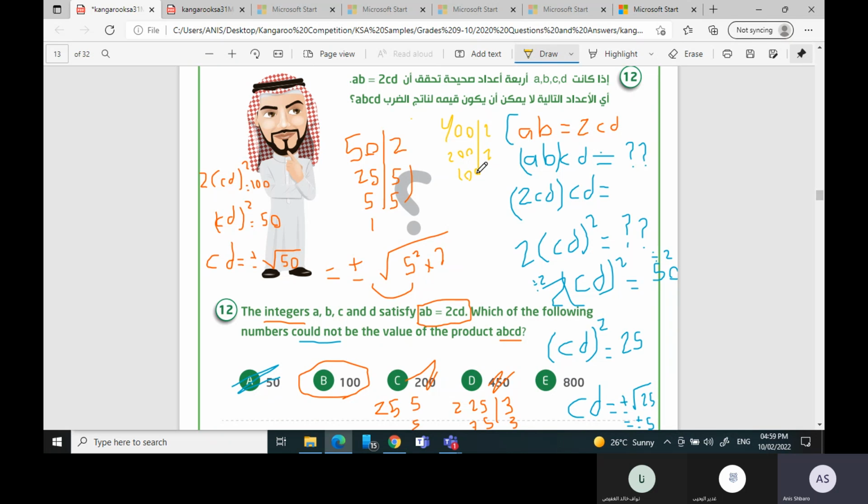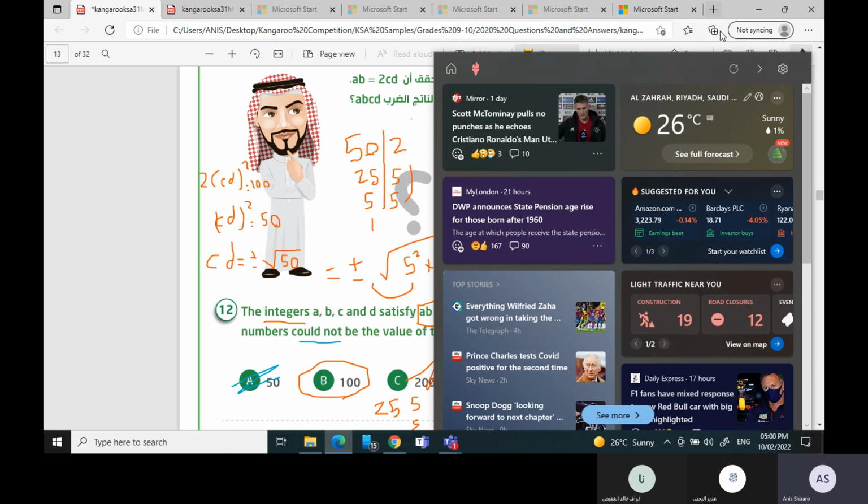And of course, 100, you all know that it's 10 times 10, so it's 20 power 2. So it's equal to 20, which is an integer. So of course, we will remove the 800. Okay, guys, this is why I stick on 100, choice B.